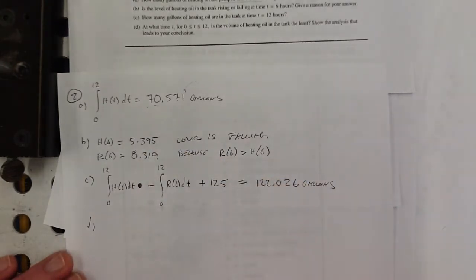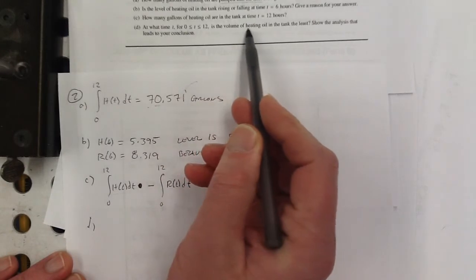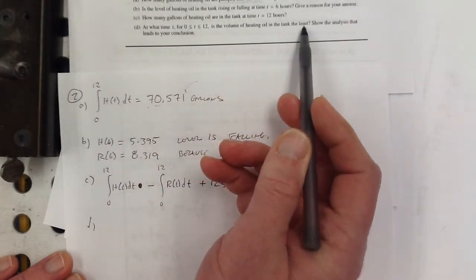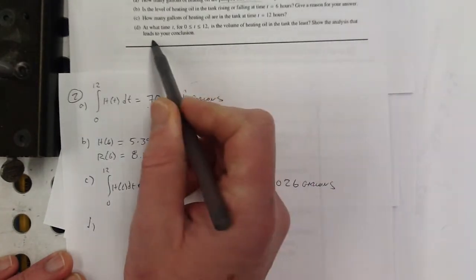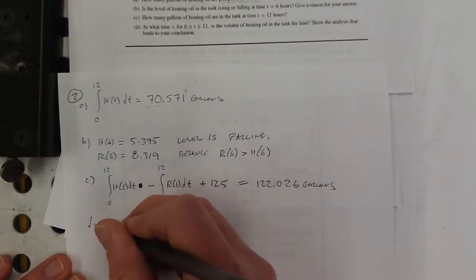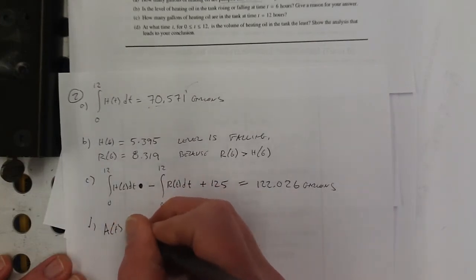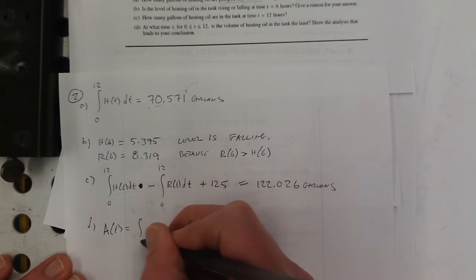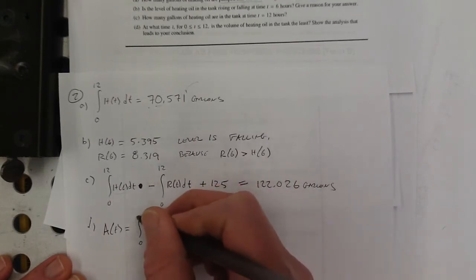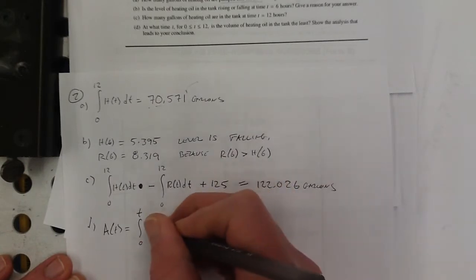At what time for 0 to 12 is the volume of heating oil in the tank the least? And show the analysis that leads to your conclusion. So the amount of oil in the tank, let's call that A of T, is equal to the integral from 0 to time I don't know what, right? Whatever time you're interested in.